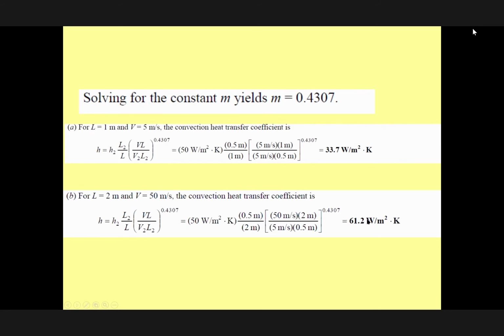Okay. Therefore, the whole idea is that you're trying to understand the convective heat transfer problem and what exactly is happening. You have to understand, if you increase the length, your Reynolds number will increase. In the case of a plate, as the length increases, the Reynolds number will increase.